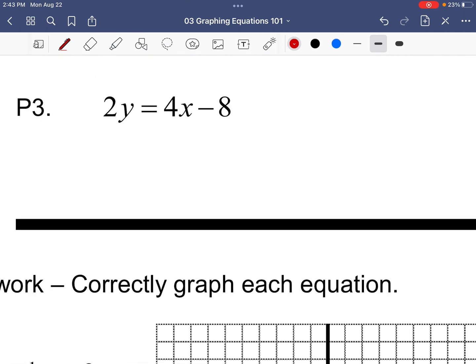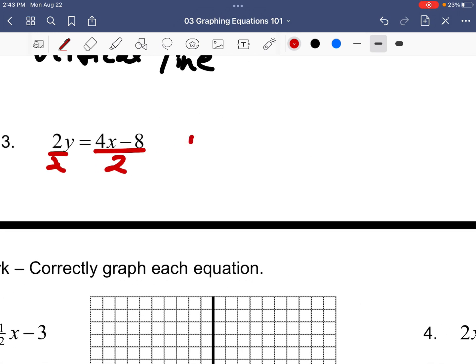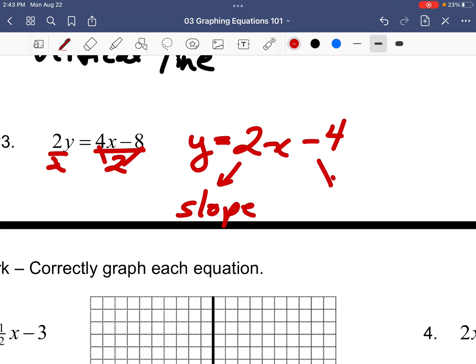And how about the last equation? If you decided to write this in y equals mx plus b form, then yes, you would have needed to divide everything by 2. If you divide everything by 2 carefully, the 2 divides into the 4. The 2 also divides into the minus 8. But of course, now we have our slope. Now we have our y-intercept.